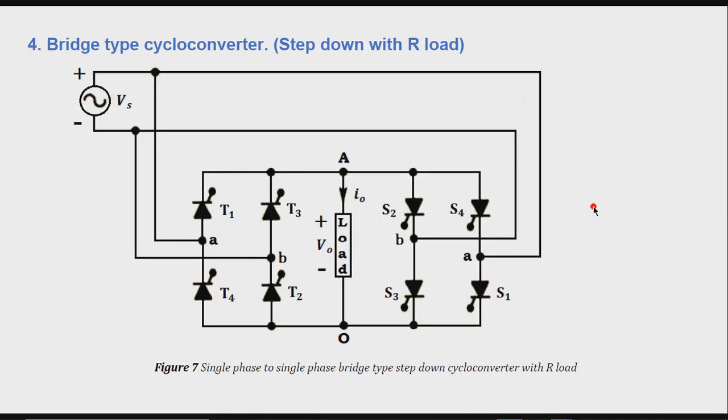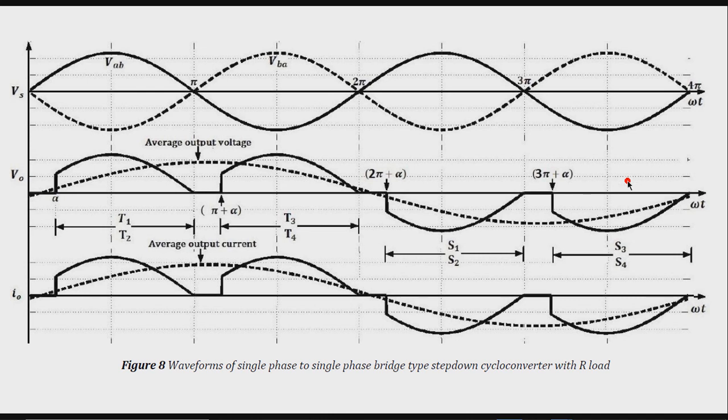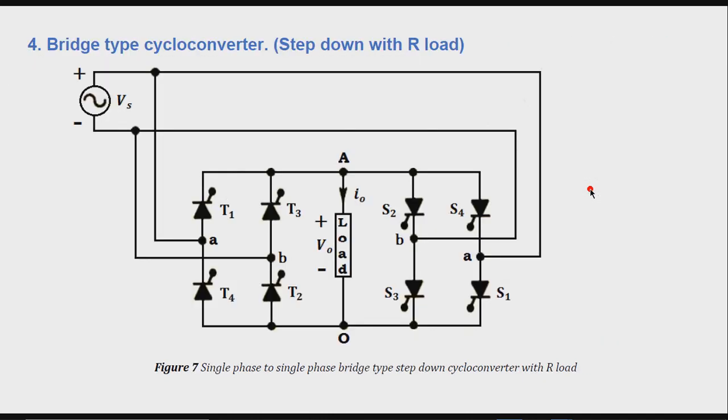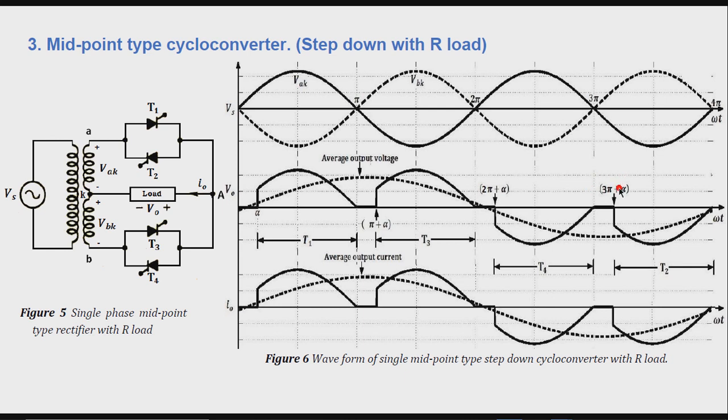In sequence, at omega t equal to 3 pi plus alpha, T2 is triggered as B is positive with respect to A, so T2 starts conducting. Load voltage and current will be negative. When T2 starts conducting, the current flows in this direction, which is opposite to the marked load current.